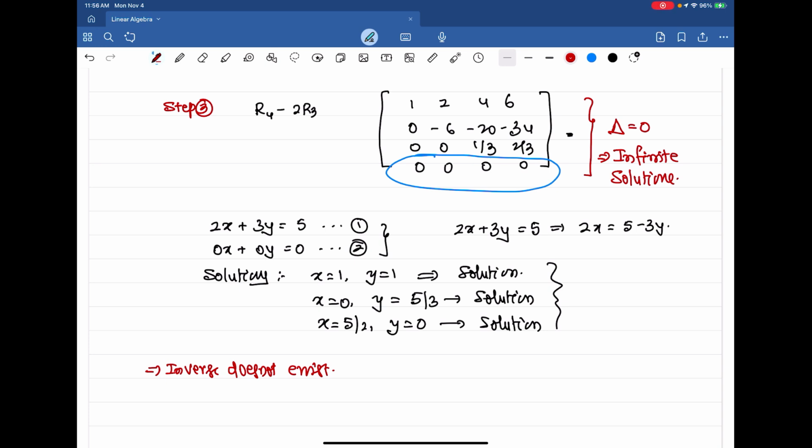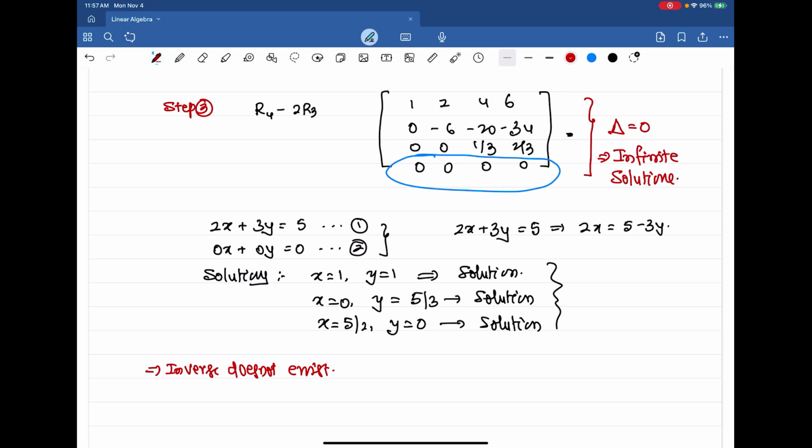Rank, after elementary operations: whatever matrix is left over without all zeros in a row is called the rank of the matrix. What is the rank of this matrix?